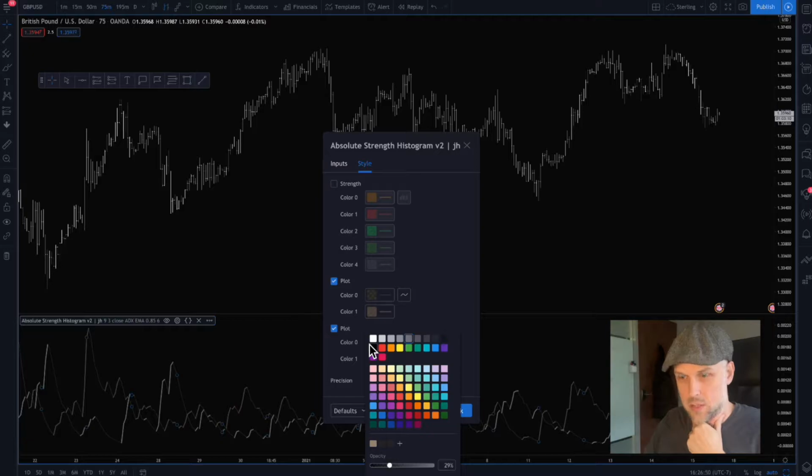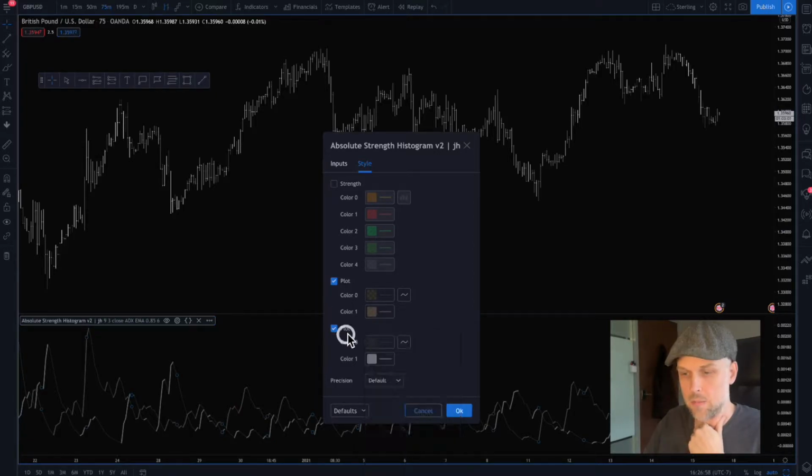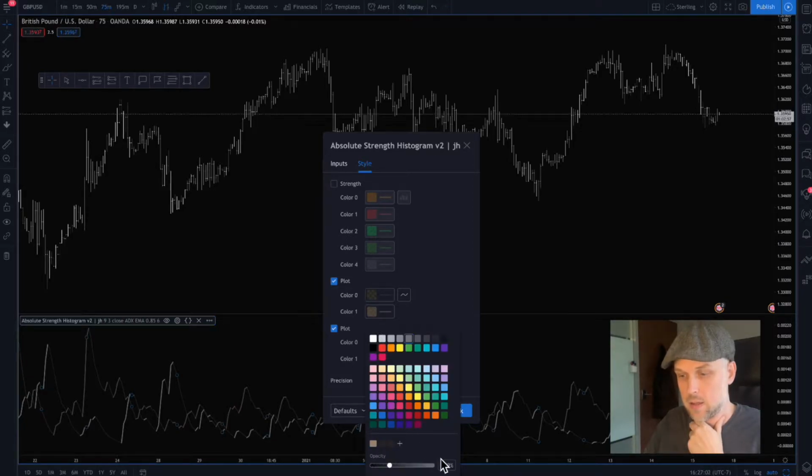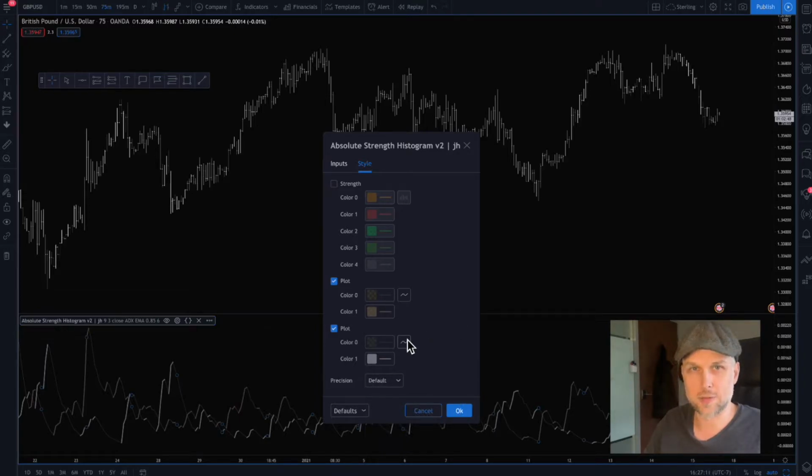That first one there is for the bulls, plotting the line measuring the strength for the bulls, and then the line that plots the strength of the bears is right here. Again, I make it the same, so 30, and this one's at 100, but that's because it's a little bit of a different color.